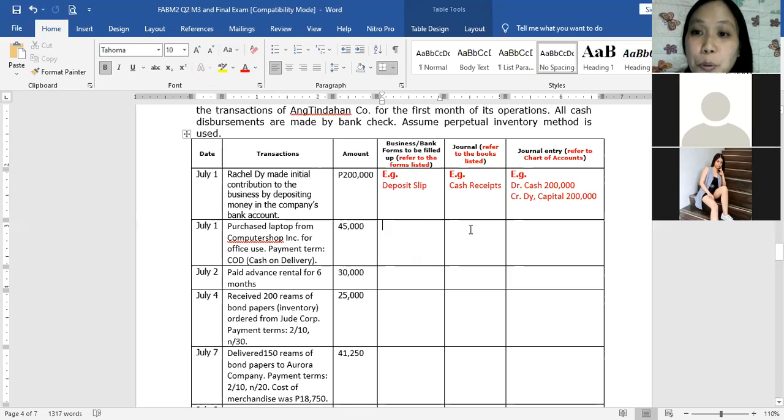Now, where do you put it? Sales, cash disbursement, cash receipts, purchase? Remember, this is a cash purchase. You are paying for it in cash. So in which book will I put it? Anybody?